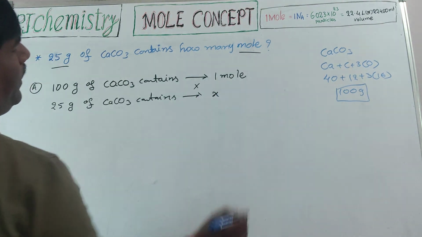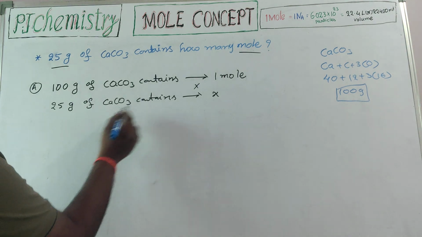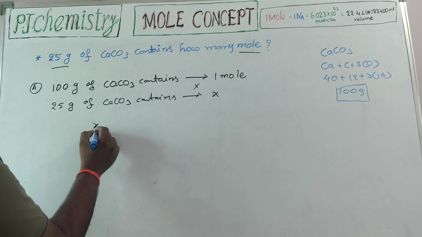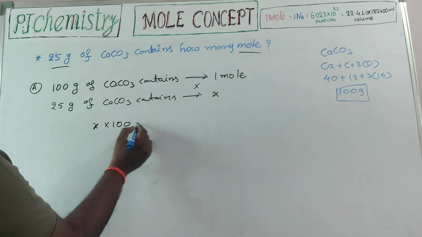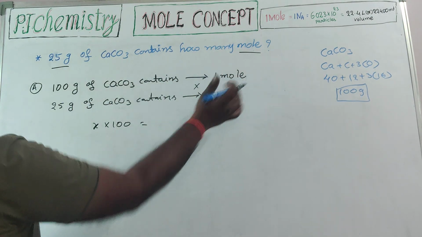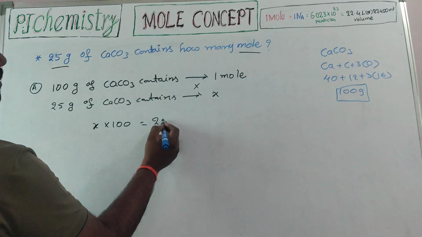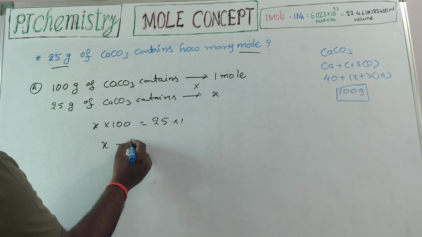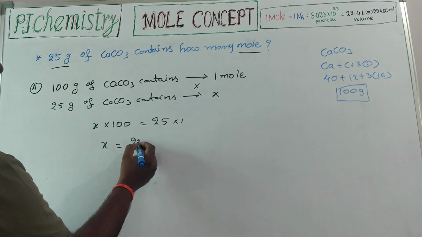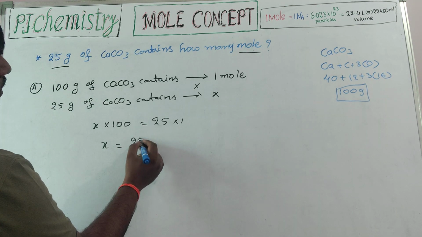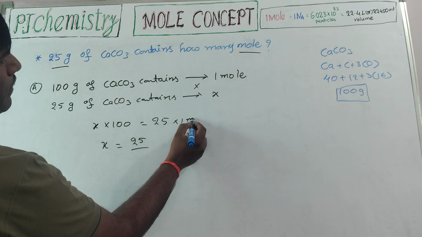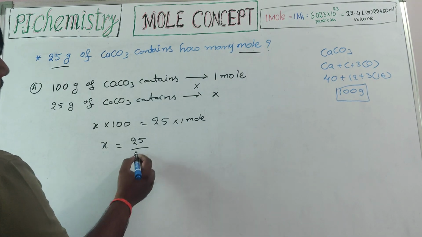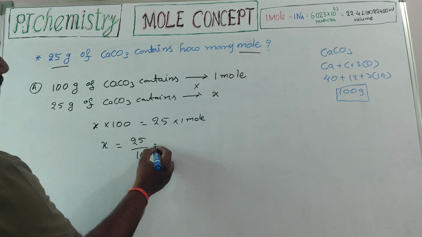X, cross multiply. X into 100 is equal to 25 into 1. X value we need to find out. So 25 by 100.